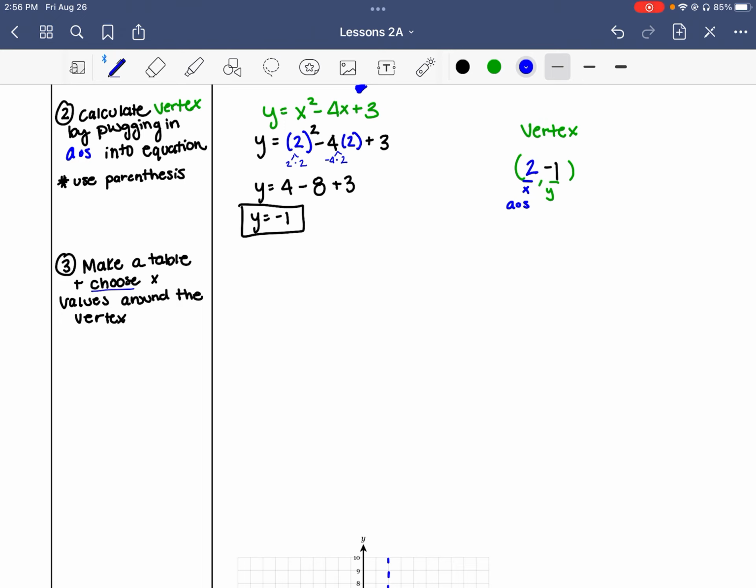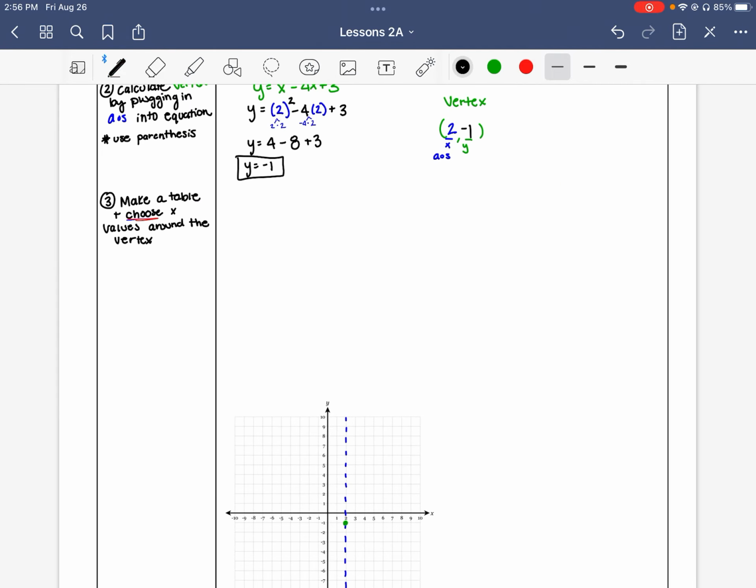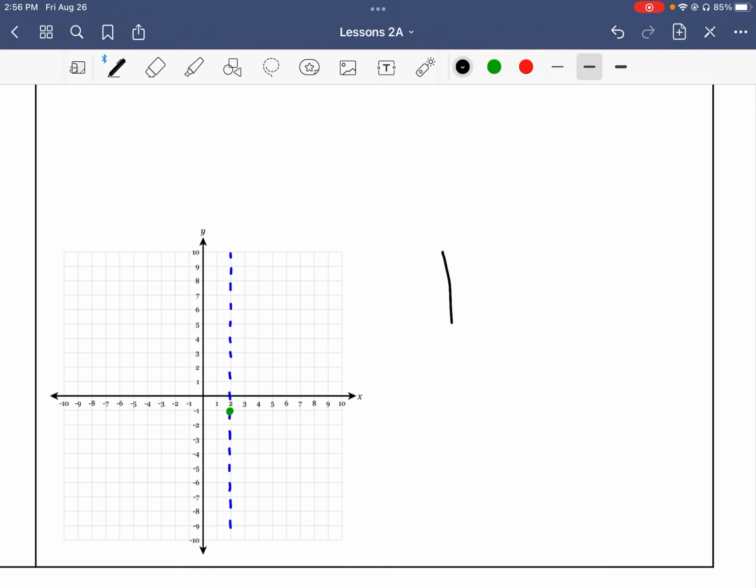So please pay attention to the choose. We're getting to choose our x values, okay? So I'm going to make a table. And I'll actually draw it over here on the side because it's going to be very helpful to have it here on the side at the end of it.